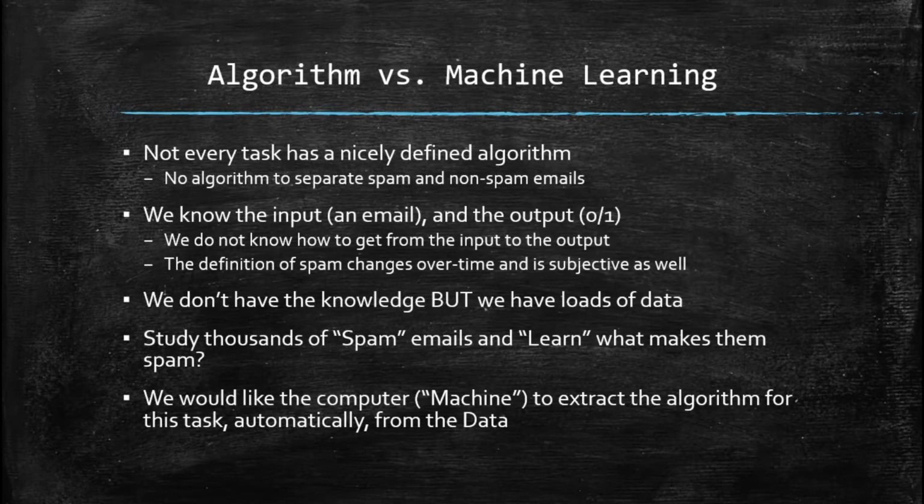A very simple example is, if I ask you to write an algorithm that would tell me how to differentiate between a spam and non-spam email, you can't. You know that the input to this task is an email, and the output would be 0 or 1. 1 meaning that it is spam, and 0 means it's not spam.